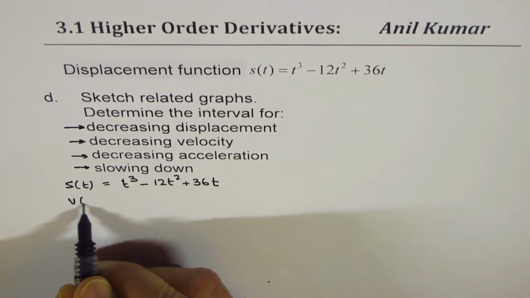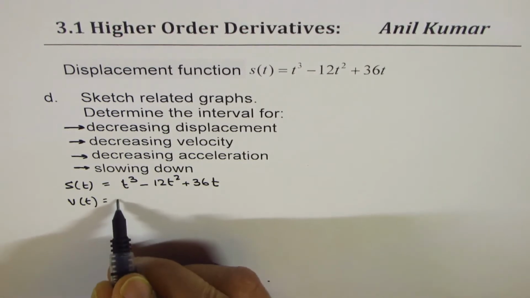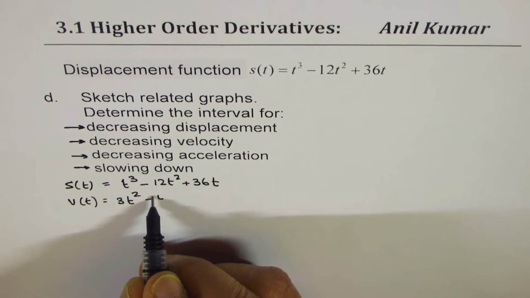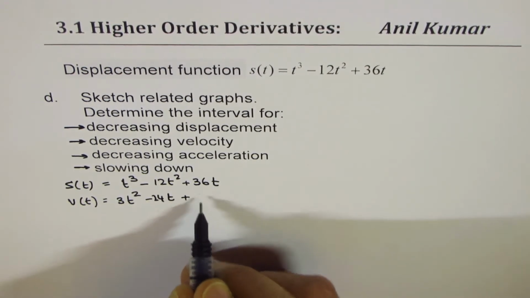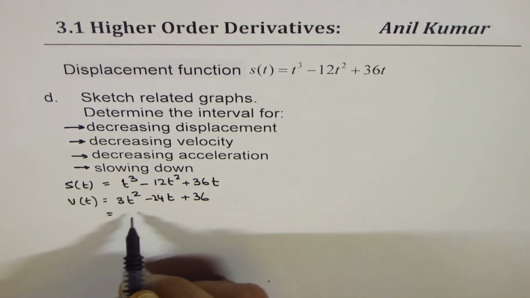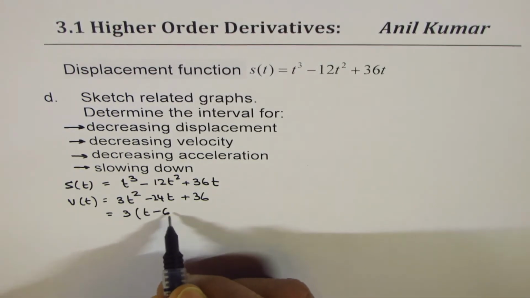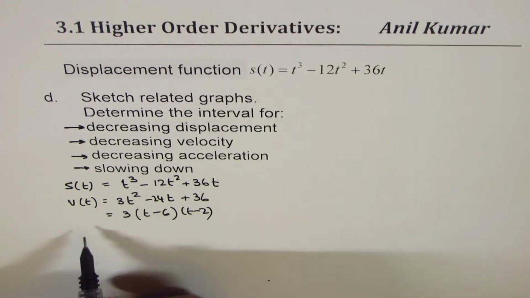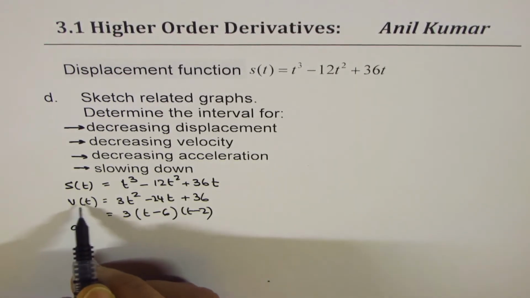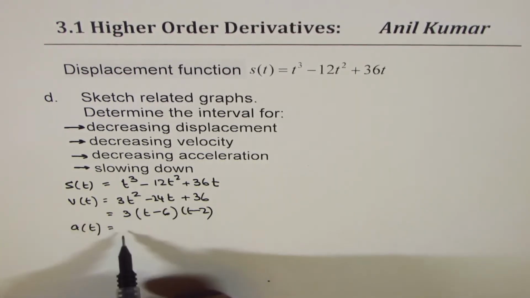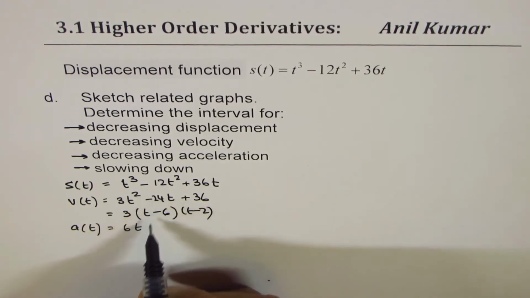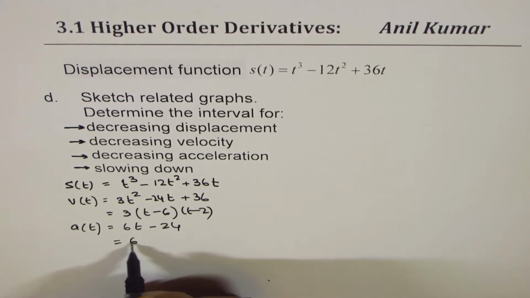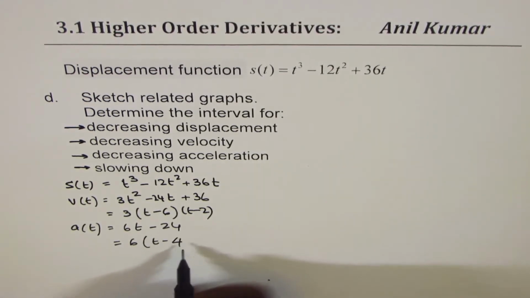For velocity, which is derivative of displacement, we got 3t square minus 24t plus 36, which could also be written as 3 times t minus 6 times t minus 2, which we did in the first part. For finding acceleration, let's find derivative of velocity, which is 6t minus 24, and that could be written as 6 is common factor, t minus 4, correct?